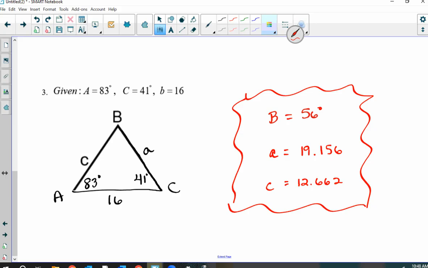So in this triangle, 83 degrees is the biggest angle, right? Did side A end up being the longest side? Yes, it's just a quick check to make sure you didn't mess up your labels or switch something around. Smallest side across from the smallest angle. Okay. Those are your notes.